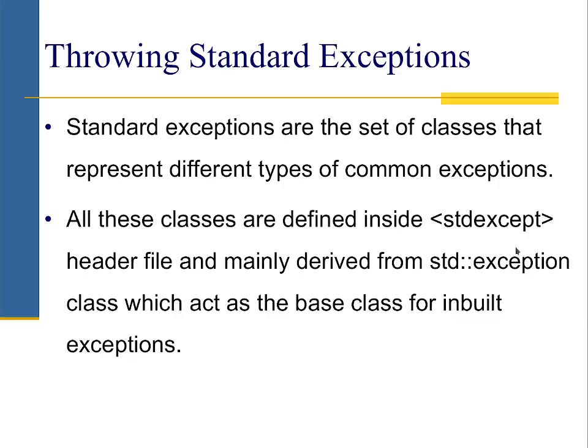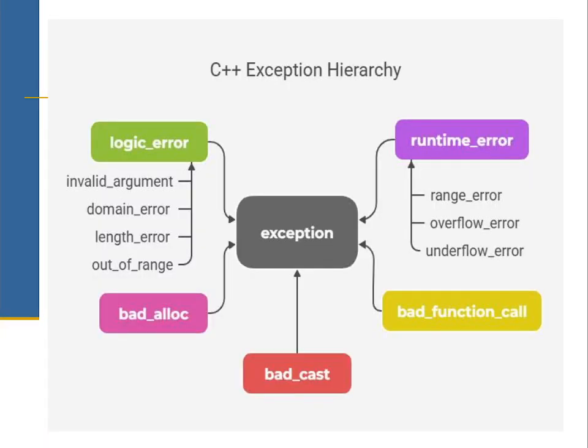Now, throwing standard exceptions. Standard exceptions are the set of classes that represent different types of common exceptions. All these classes are defined inside the std except header file, and are mainly derived from the std exception class, which acts as the base class for inbuilt exceptions. Here is the C++ exception hierarchy.